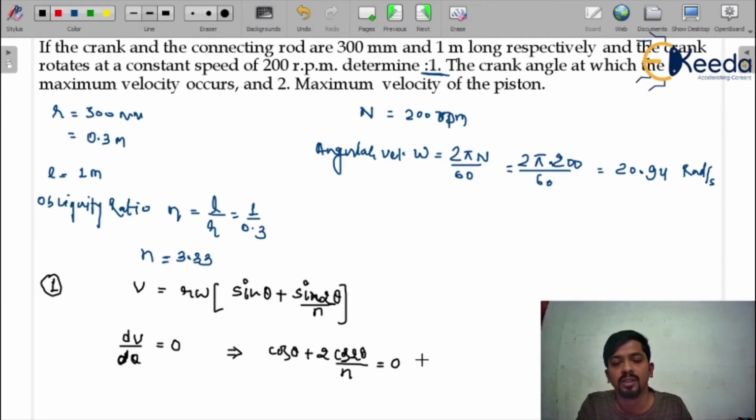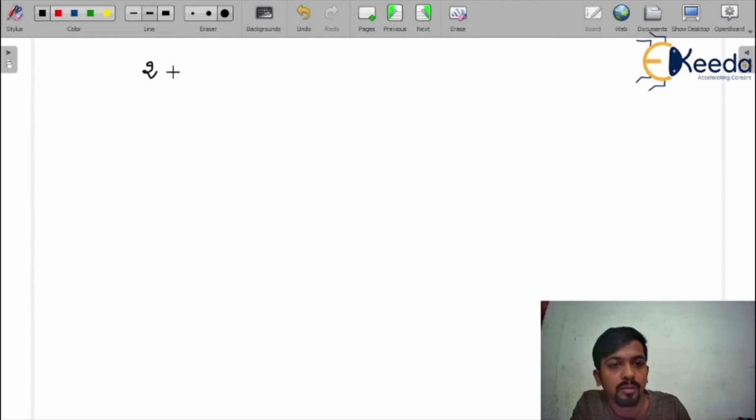We first simplify this equation, so it becomes 2 cos 2 theta plus n cos theta is equal to 0.